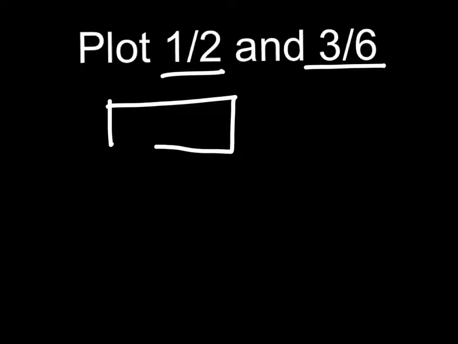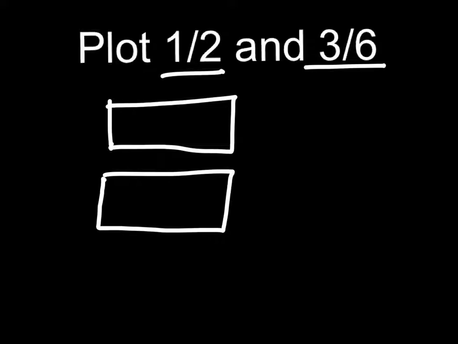So now we're going to look at plotting equivalent fractions. And we know that these two fractions are equivalent because if you draw them out, you're going to draw both the wholes the same amount because they're both out of a whole. And the first one we're going to make 1/2. So since there's 2 total pieces, we're going to make 2 pieces, but we only have 1 of them, so we're going to just color in 1.